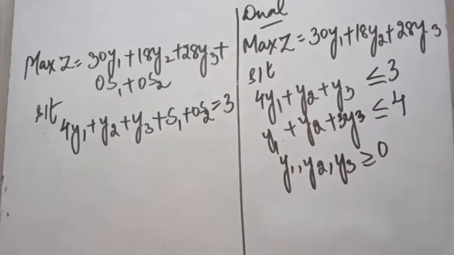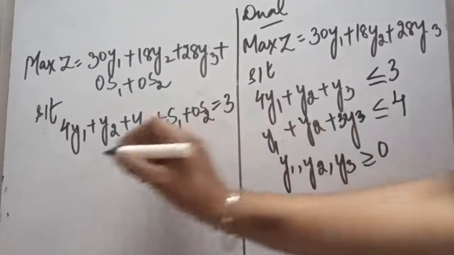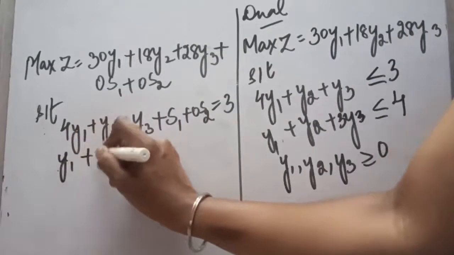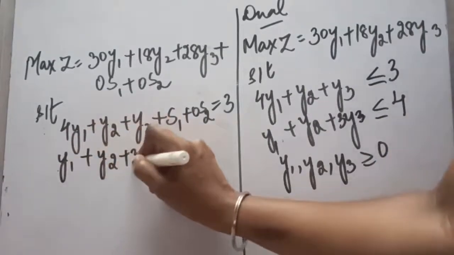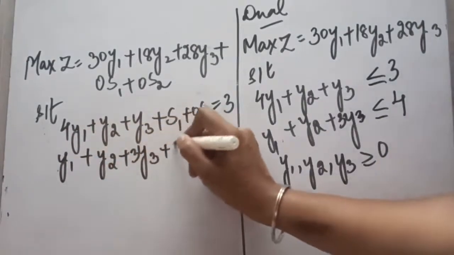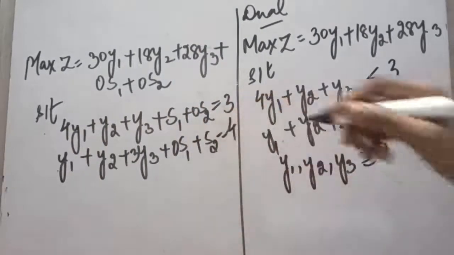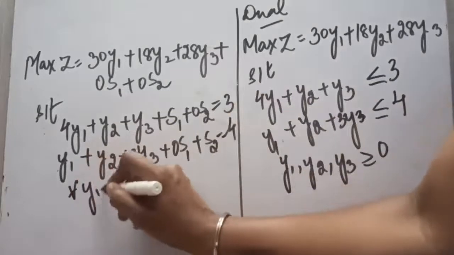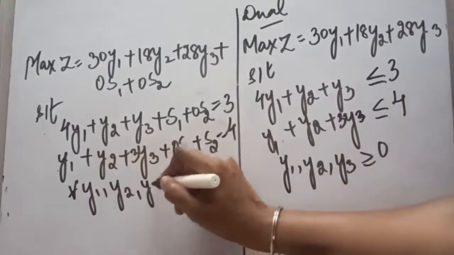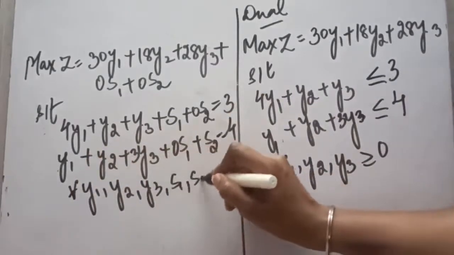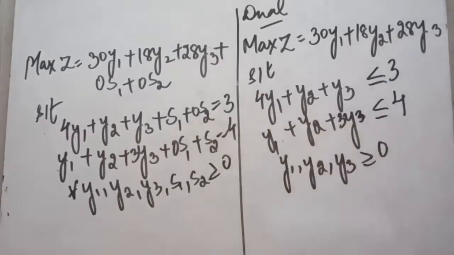Now the inequality has been converted into equality. Same with the second constraint, y1 plus y2 plus 3y3 plus 0s1 plus s2 is equal to 4. And in the last we will write y1, y2, y3, s1, s2 greater than and equal to 0.